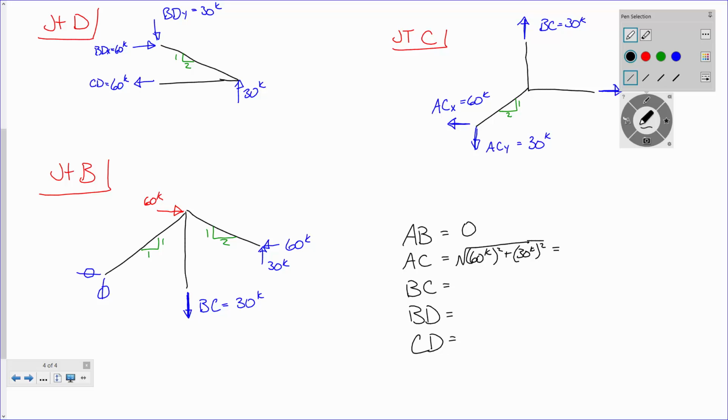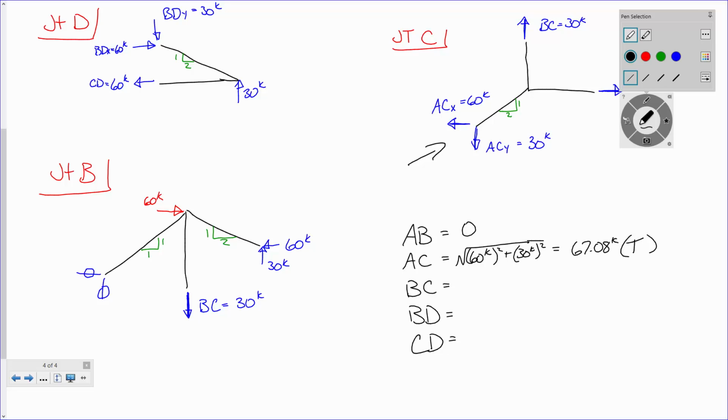Plug and chug, and what's that end up equaling? 67.08. Now, is that in compression or tension for AC? Look at your joint analysis right here. Tension, there we go.